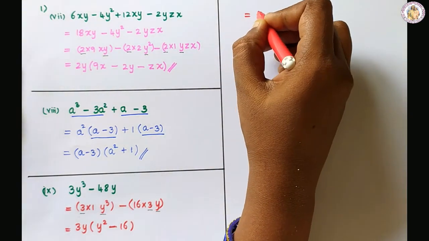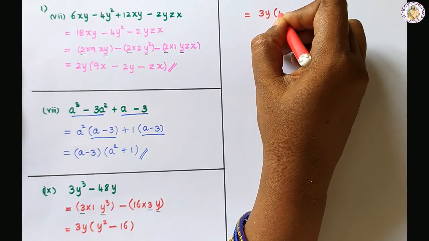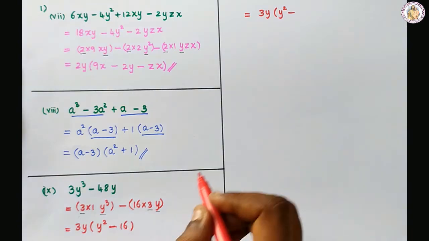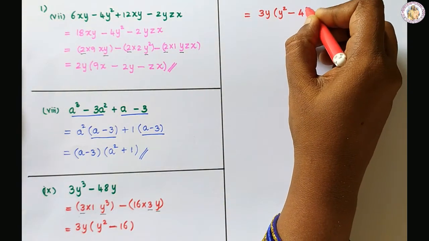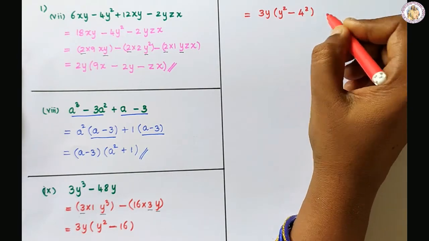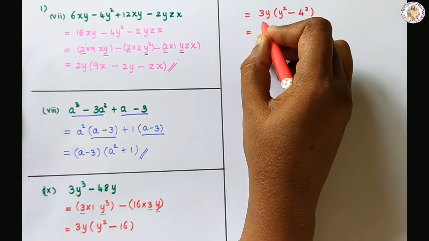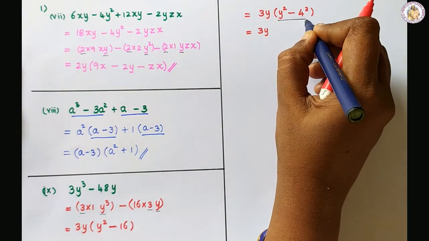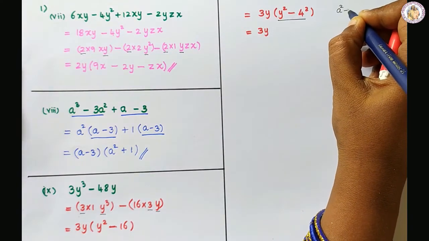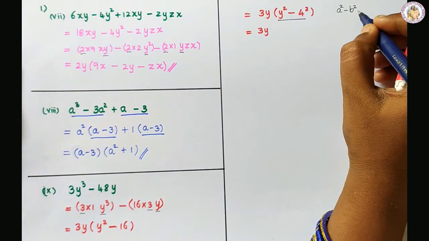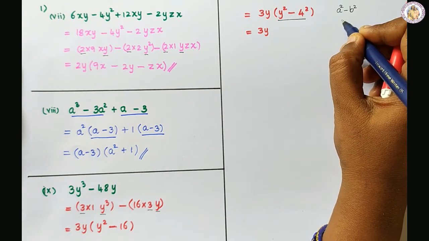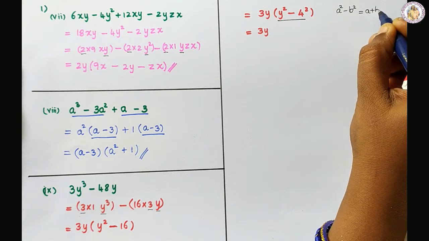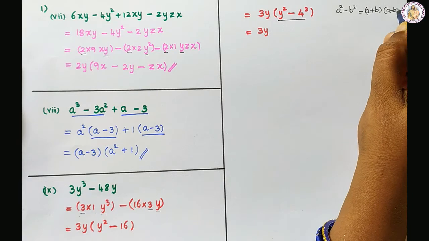Listen, 3y into y squared minus 16. It can be written as 4 squared, right? 4 into 4 is 16. So 3y, listen here, it is in the format a squared minus b squared. We know the identity a squared minus b squared equals a plus b into a minus b.